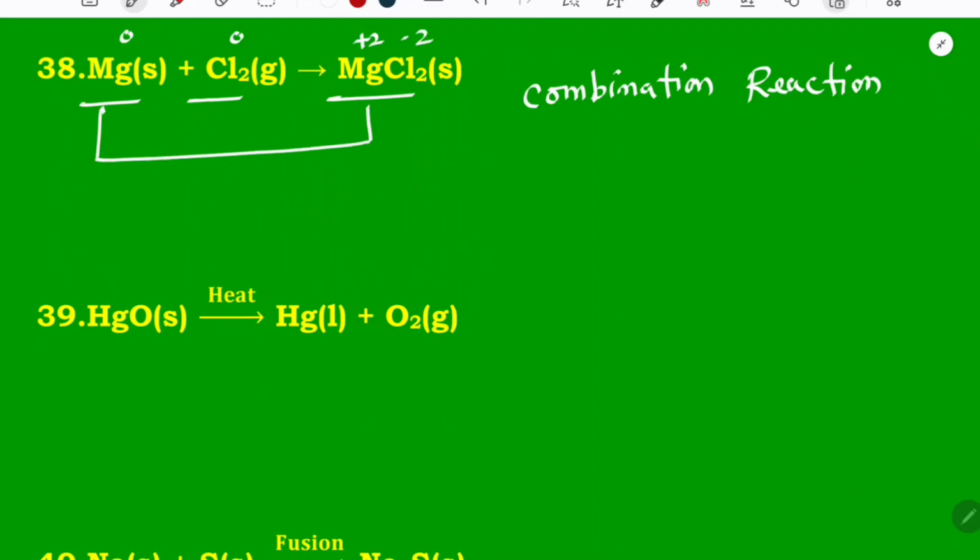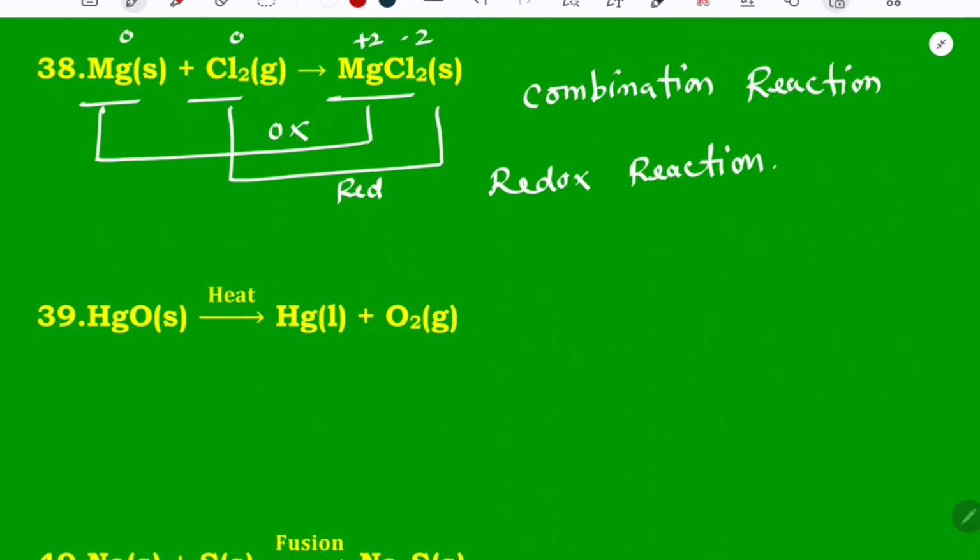Magnesium goes from 0 to +2, chlorine from 0 to -2. +2 means loss of electrons, oxidation. -2 means gaining of electrons, reduction. So together this is also considered a redox reaction.